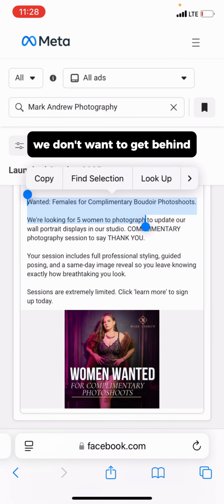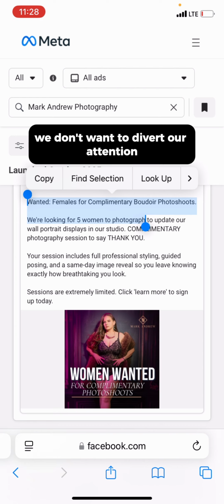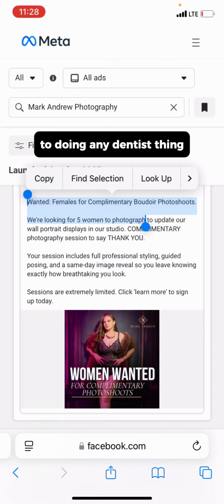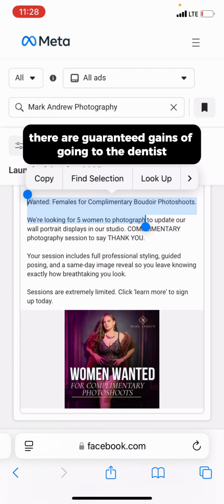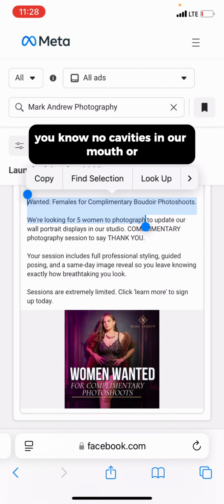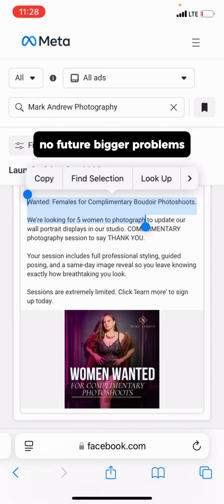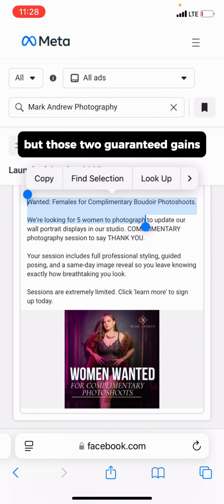We're in the flow state, with mental momentum. We like our schedule, we don't want to get behind or push things back, and we don't want to divert our attention to any dentist thing. And there are guaranteed gains of going to the dentist: guaranteed cleaner teeth, and no cavities, or they all get taken care of, that peace of mind of no bigger future problems.